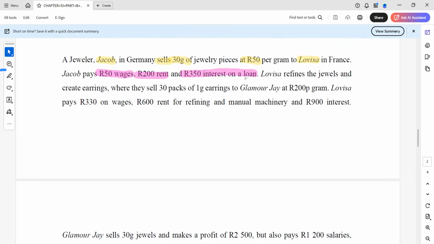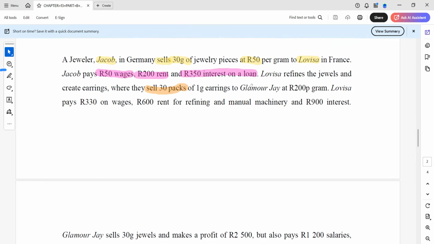They said here, Lovisa refines the jewels and creates earrings, where they sell 30 packs. I wanted to use the same color as that one. Where is it? So it's this one.